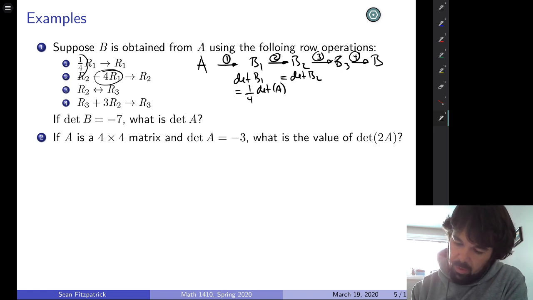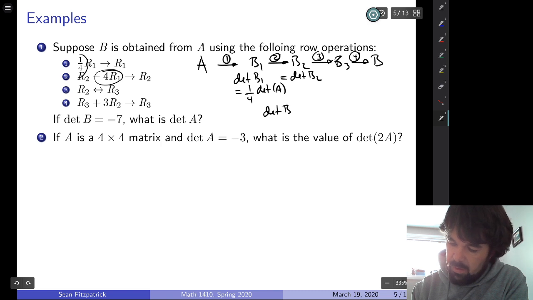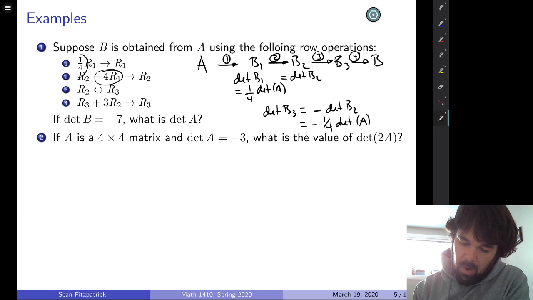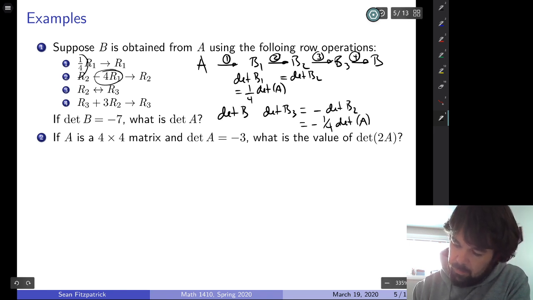B3 swaps 2 rows, so the determinant of B3 is equal to minus the determinant of B2, which is minus 1 over 4 times the determinant of A. And finally, the fourth row operation is again adding a multiple of one row to another, which doesn't change the determinant. So the determinant of B is equal to the determinant of B3.